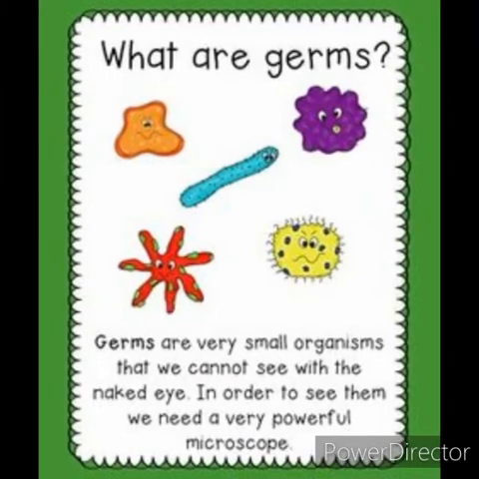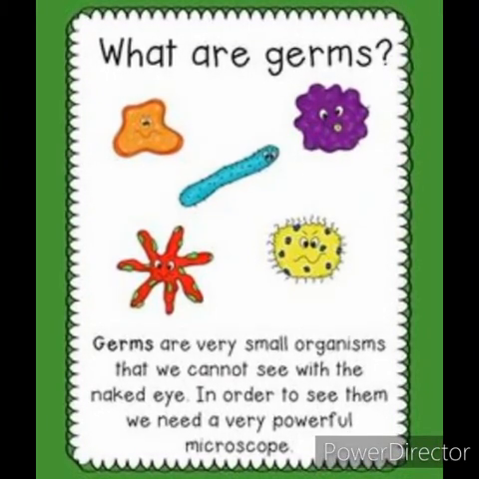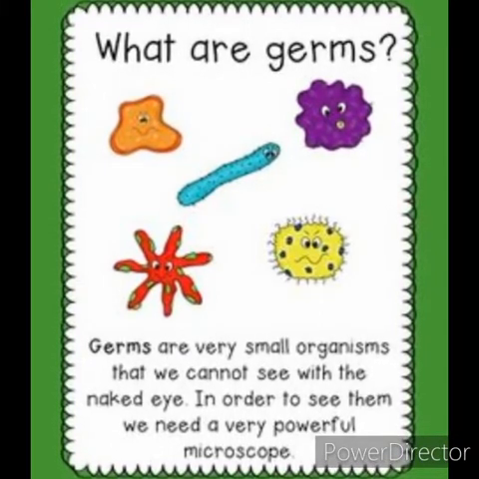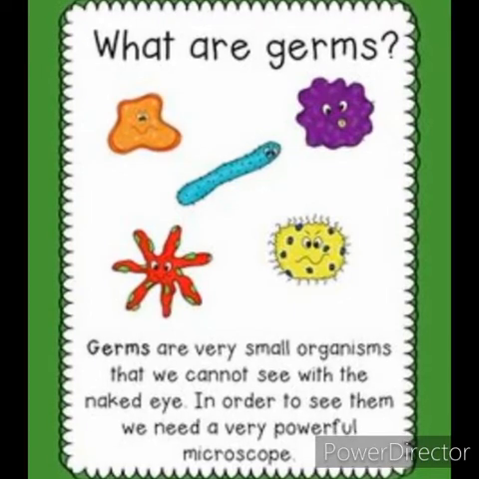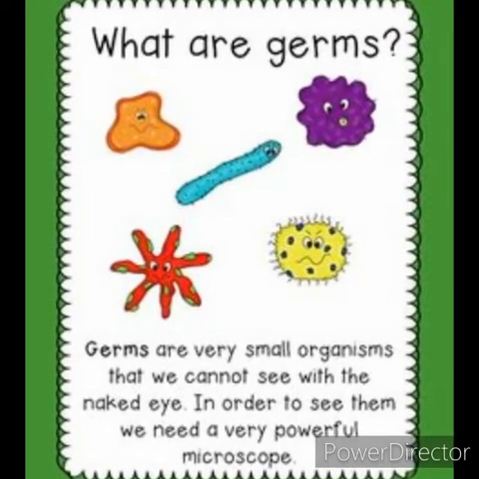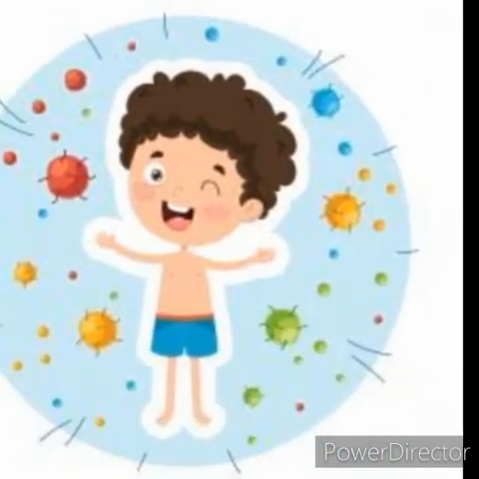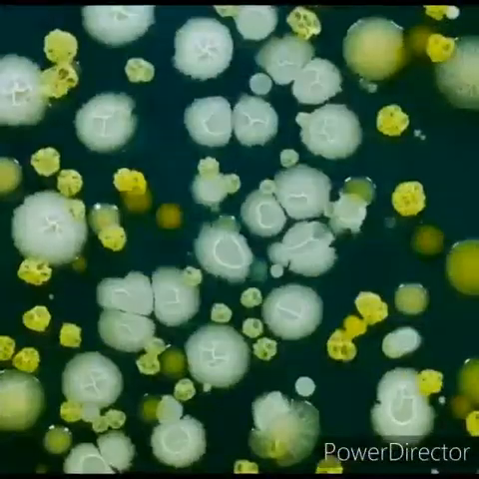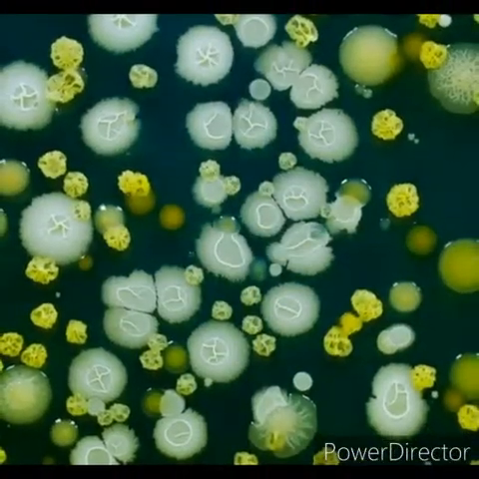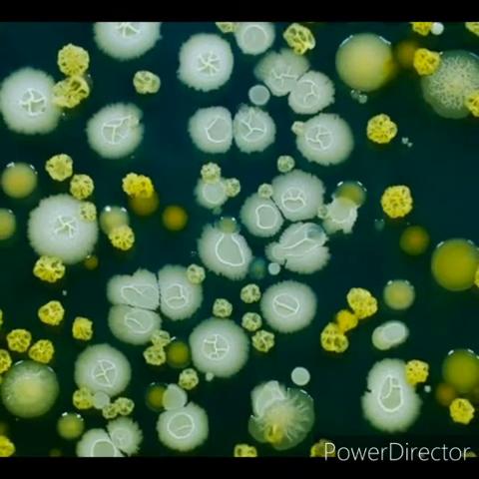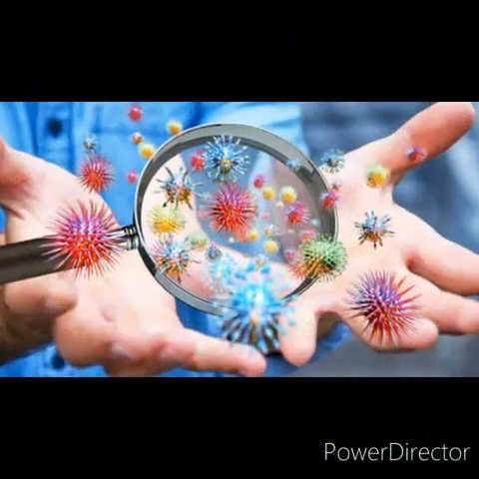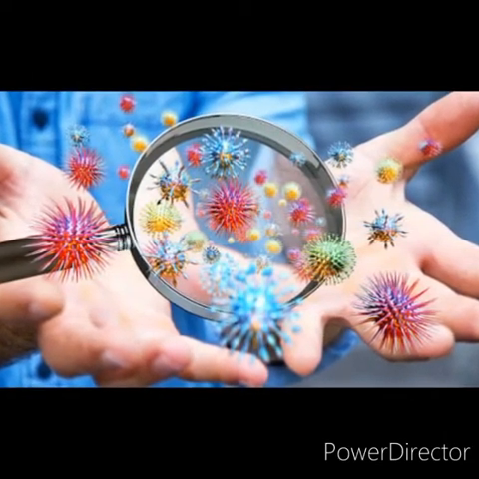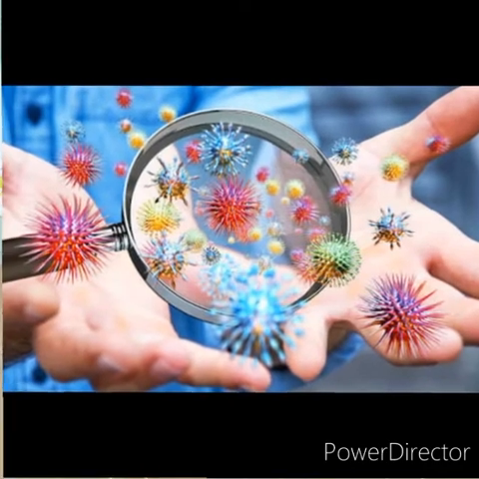Microscopic means very small or very tiny worms which we cannot see with our eyes, but they are present everywhere around us. So these tiny worms or organisms present everywhere and can't be seen with our eyes are known as germs. And in Hindi, germs are called as kitanu.